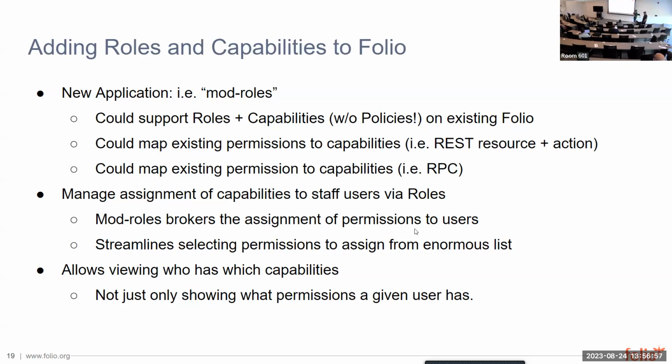So it's a middleman in that sense. You would have the benefit of the new terminology, the new user experience, and the easier manageability of this stuff without having to deal with individual permissions.